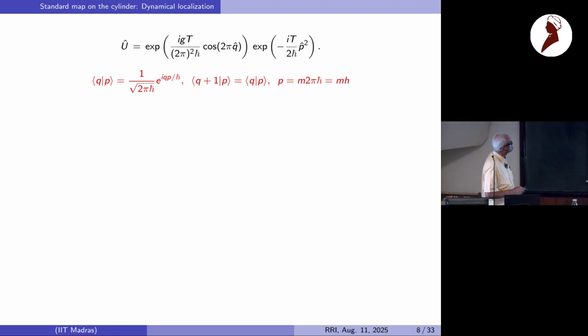Now let us write this in the topology of a cylinder first. Q has periodic boundary conditions, so you should think of Q as theta. V is of this form, cos 2 pi Q. H0 is P squared by 2.